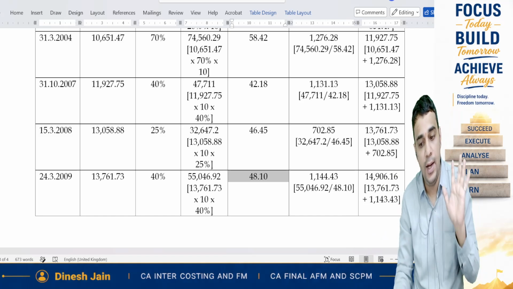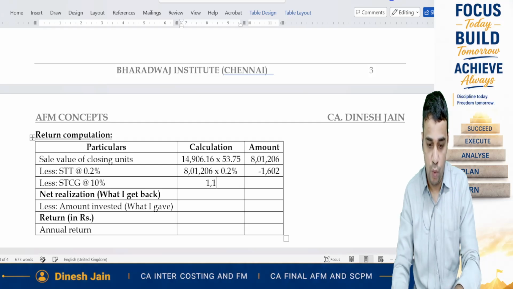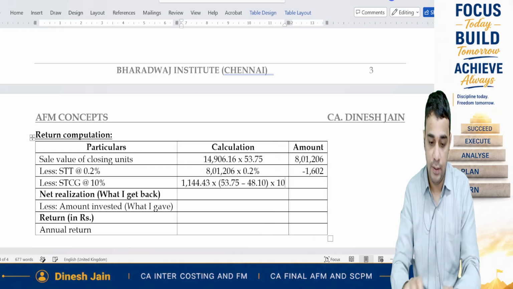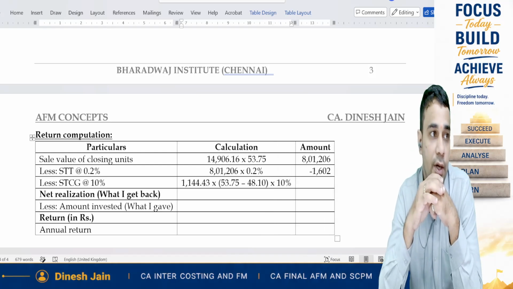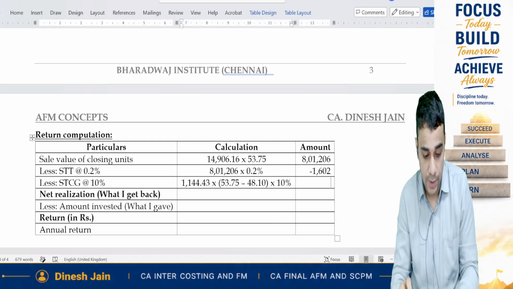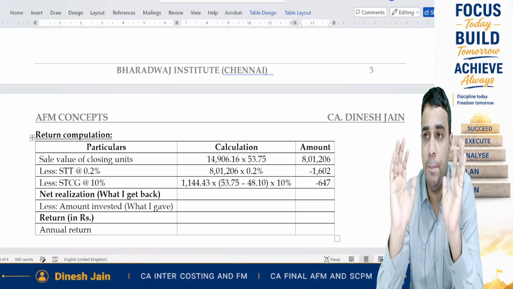Any doubts on the number? 1144.43 into 53.75 minus 48.10 into 10%. How much? 647. Very simple.